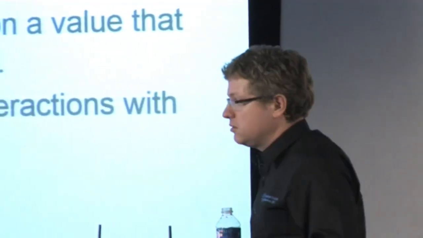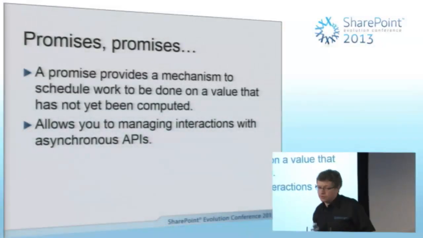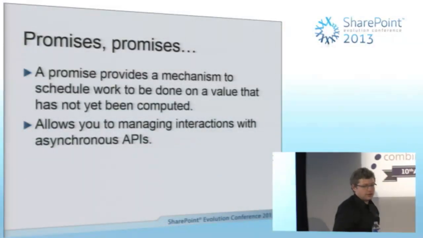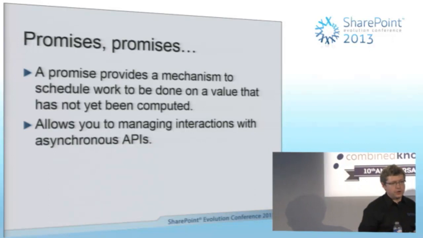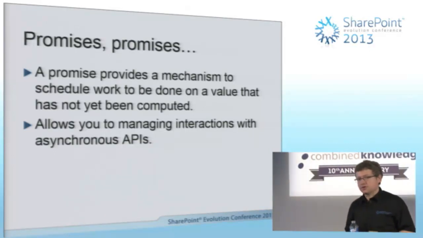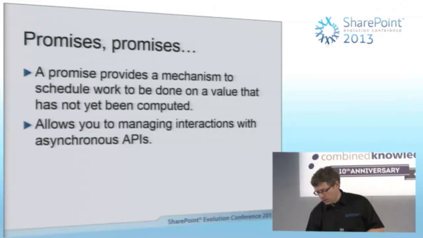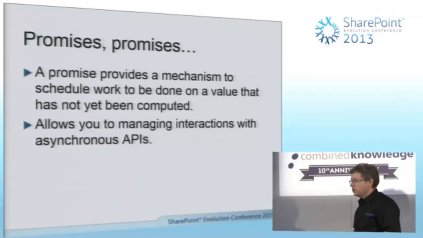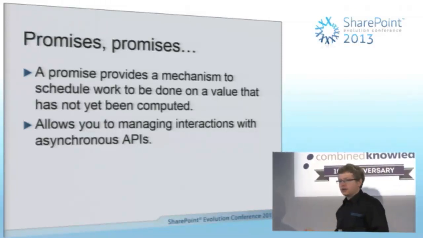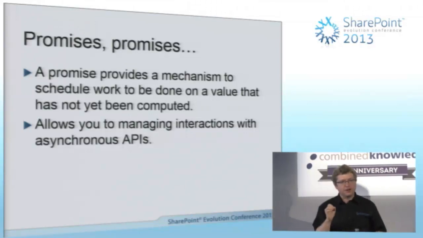So as I said, promises are really important. As AC said earlier, promises are really important in JavaScript development. In Windows 8 development, you have to use them. You can't access data in any other way. You can also use promises and chain them together, and it's important to understand the firing order.